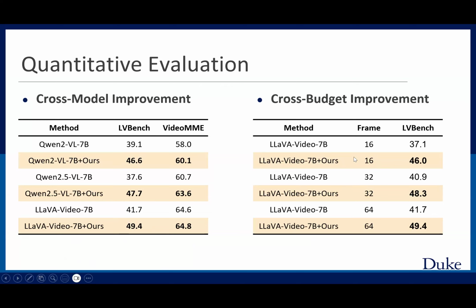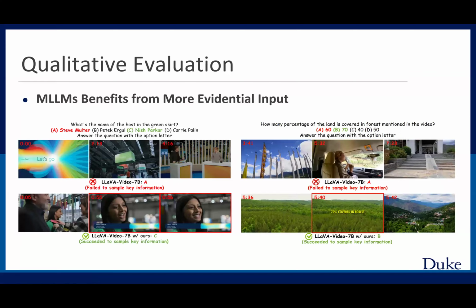Specifically, we would like to highlight that even when the frame budget is not very high, the result is still promising. The qualitative evaluation provides a similar story. Essentially, if we are able to identify the more evidential frames, the result is more accurate and more reliable.